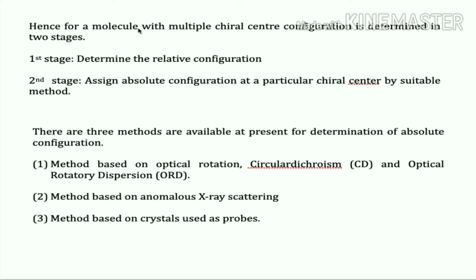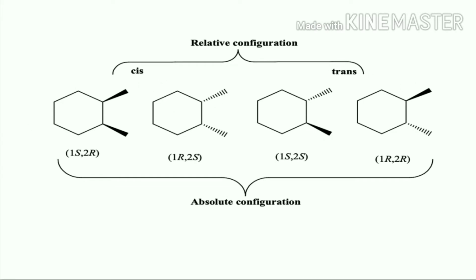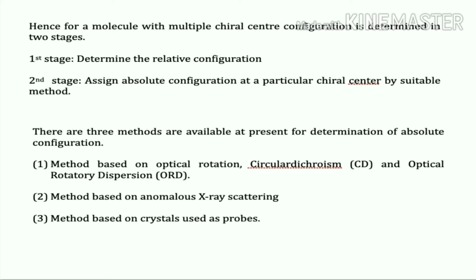Hence, for a molecule with multiple chiral centers, configuration is determined in two stages. The first stage is to determine the relative configuration. We have determined the relative configuration for this molecule, which has two chiral centers, as cis and trans. The next stage is to assign absolute configuration at a particular chiral center by a suitable method.